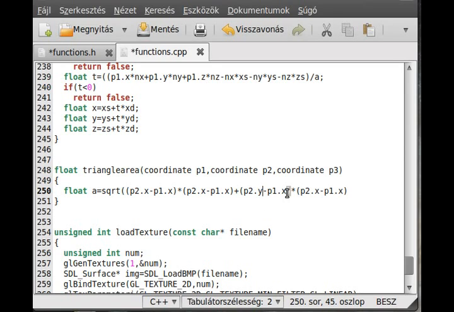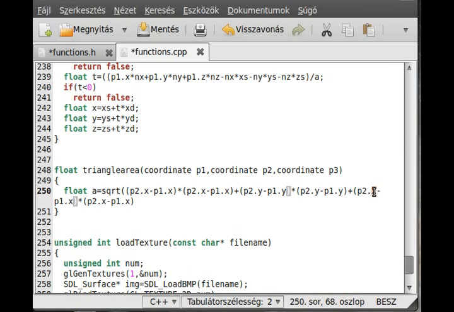So this will be y, and again y, plus, and again with the z coordinates, so z. That's right.